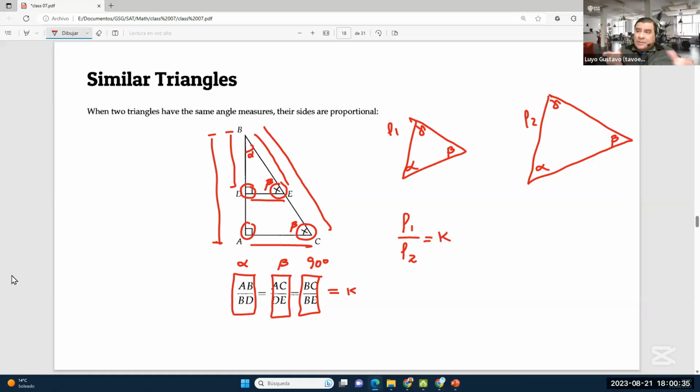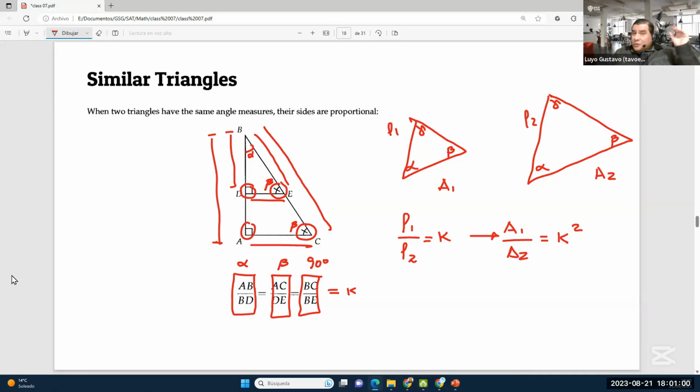This similarity gives us the possibility to estimate immediately what is the relationship between their areas. Let's say that the area of this triangle is A1 and the area of this is A2. So A1 over A2 will always be the square of this ratio here, K squared.